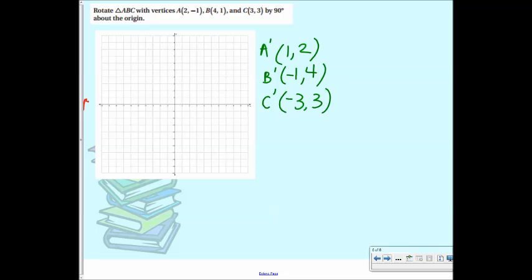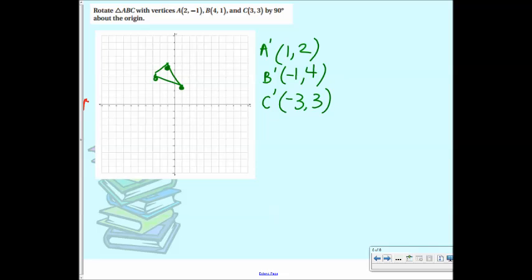You just don't have to. Okay? So my new points are (1, 2), (-1, 4), and (-3, 3). All right, and that's where my rotation is.